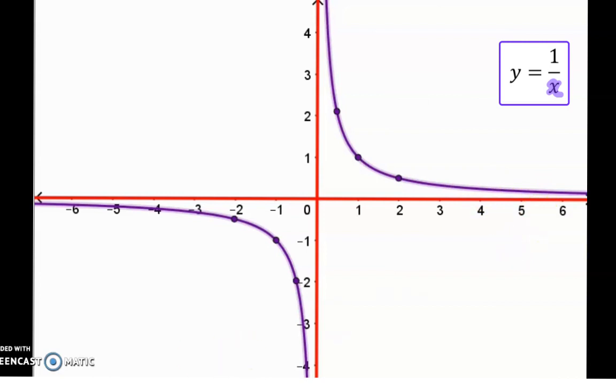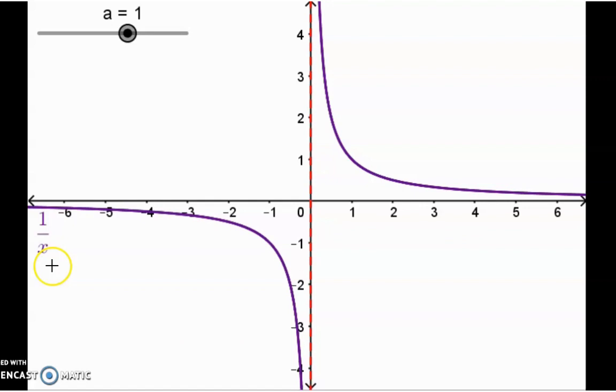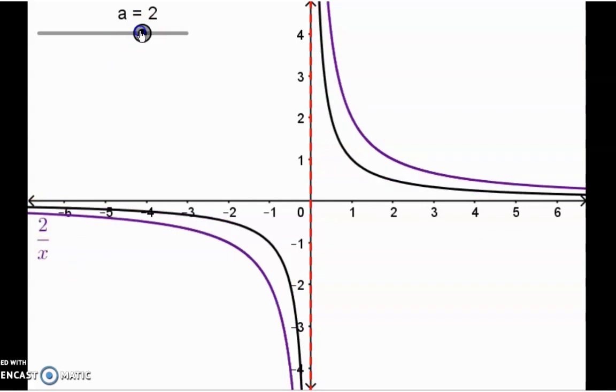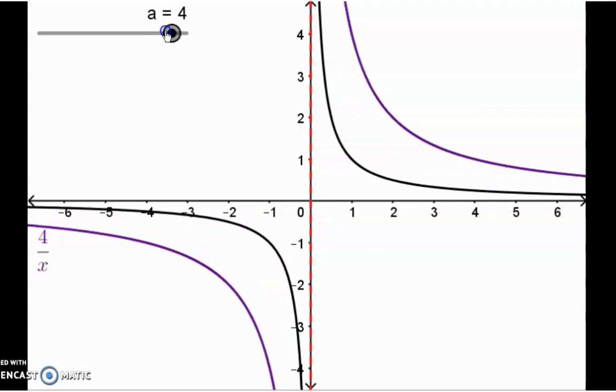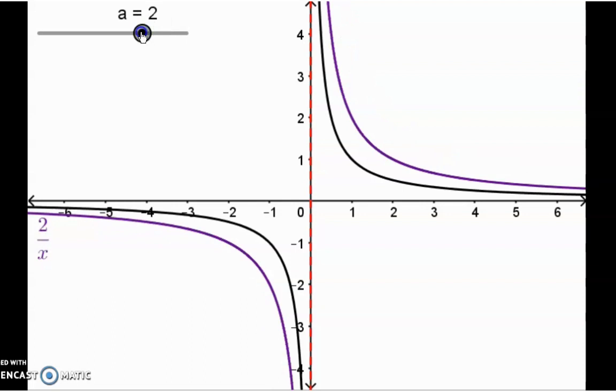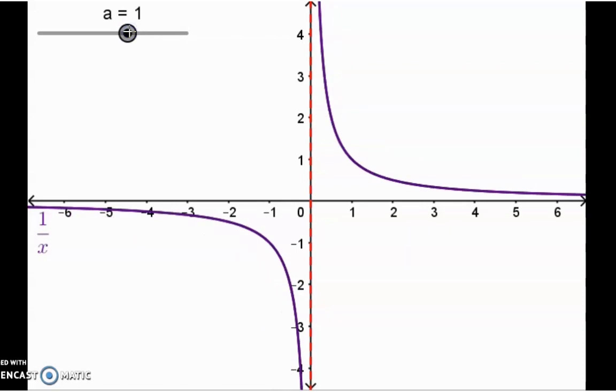Let's go and have a look at what the influence of the a value and the q value will be on the graph. At the moment, the a value is 1. If I now increase this value, you will see that the graph moves further and further away from the axes. This a value can also become negative. And just like with the parabola, a negative a value indicates that the graph will now be reflected around the x-axis.